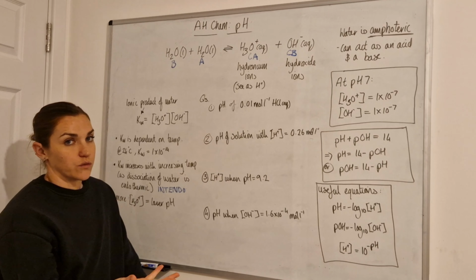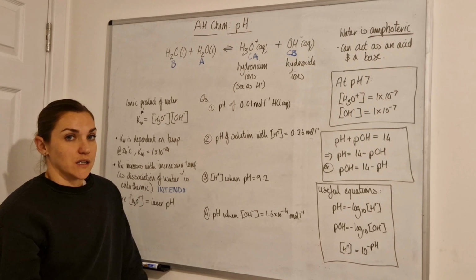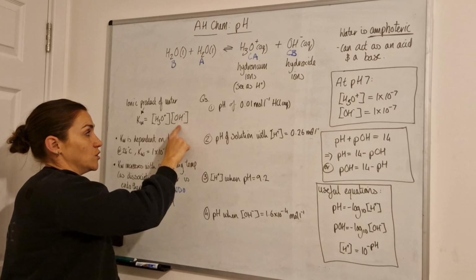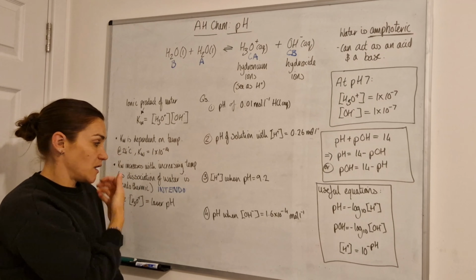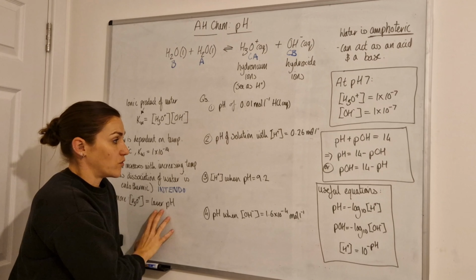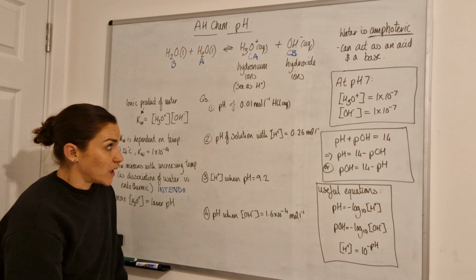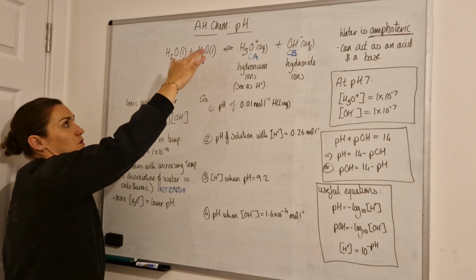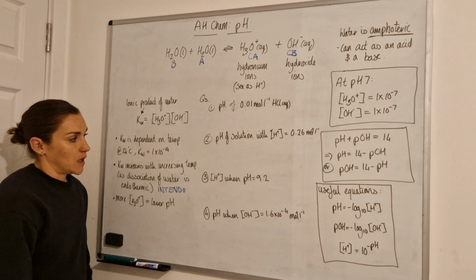The dissociation of water into its ionic form is an endothermic reaction, so with an increasing temperature that's going to be favoured, and you will get an increased concentration of hydronium and hydroxide ions, which will therefore give you a lower pH.